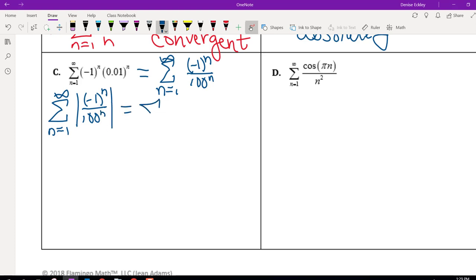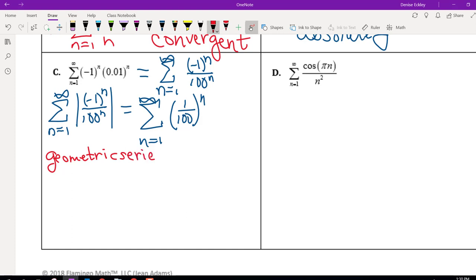So I can think of this as a convergent geometric series. So this is now a geometric series with an r less than 1.